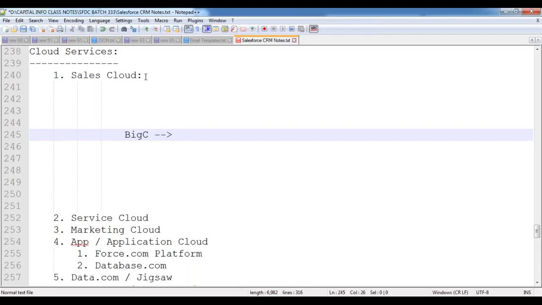Big C people sell the various mobiles which have been manufactured by various mobile manufacturers. So Big C is an organization which takes care of selling the various mobile products manufactured by various mobile manufacturers.